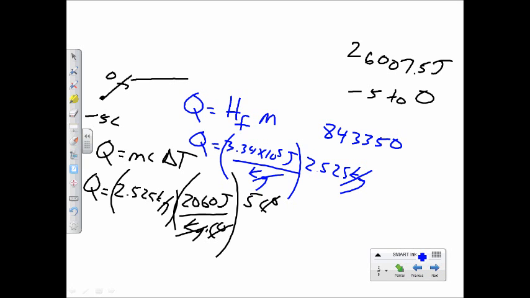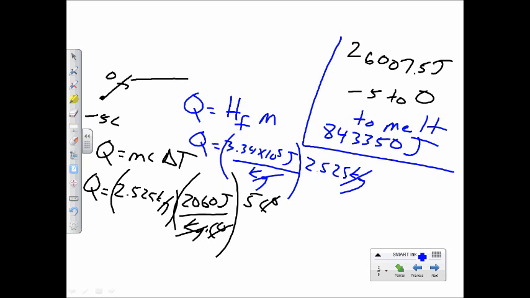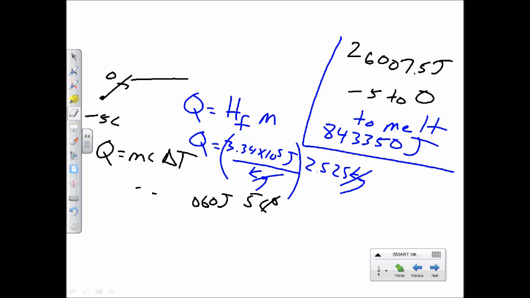No, two different Q's. Still heat, but different amounts of heat. This right here is the amount of heat it takes to what? To melt. So far we've got 2 steps. I'm going to make some space now. Q equals 3.34 times 10 to the 5th times 2.525.